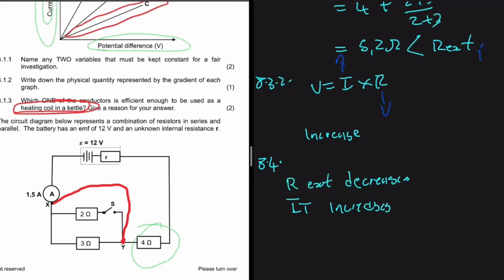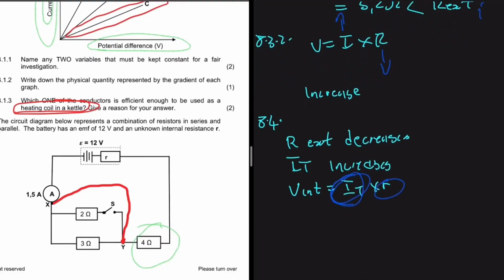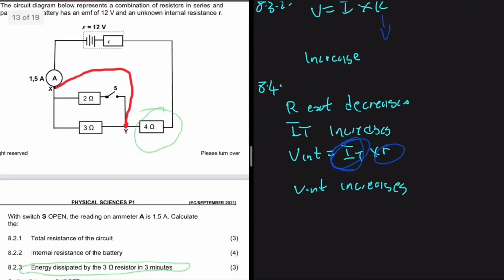We know that V internal is equal to IT multiplied by small r. The current increases and the internal resistance is the same, so V internal increases. If V internal increases, the work done by the battery will increase, and as a consequence, the temperature will also increase.